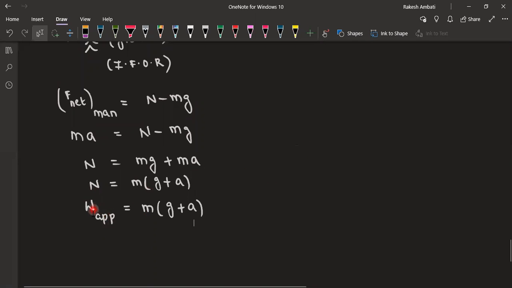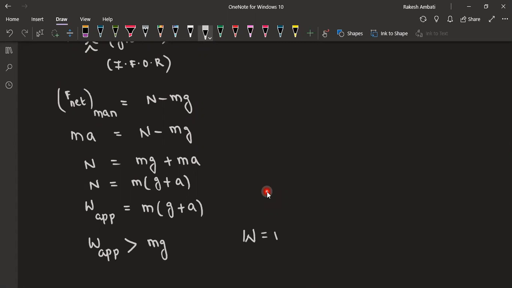That means in this case the apparent weight is greater than the true weight, that is mg. And one more thing: generally we define weight as mg. The general weight formula is mg. So here we have m, but in the place of g, we have g plus a.